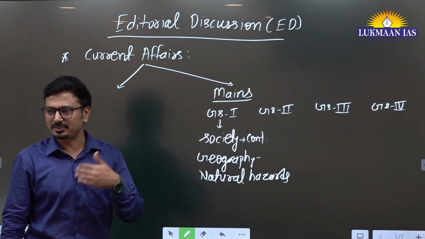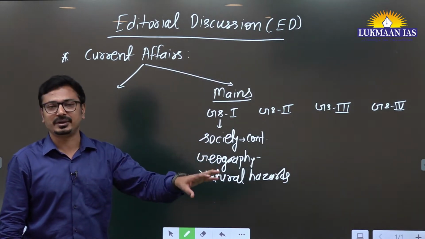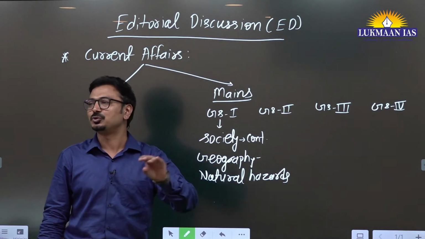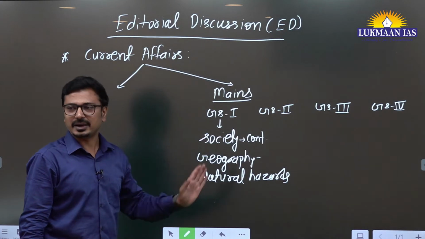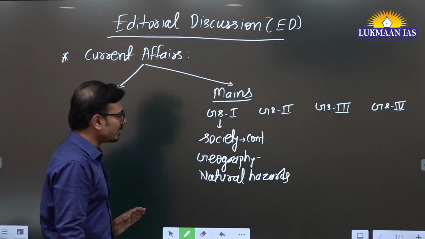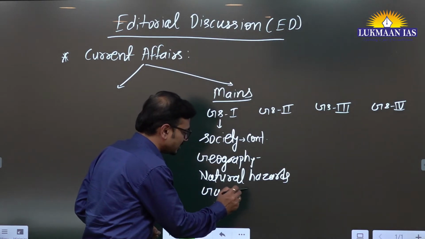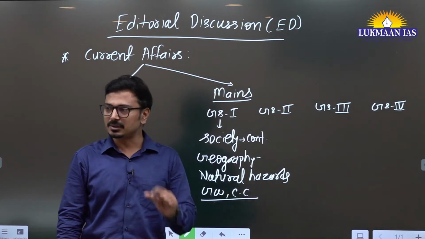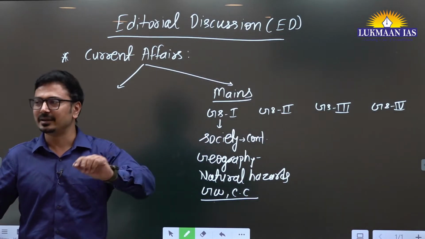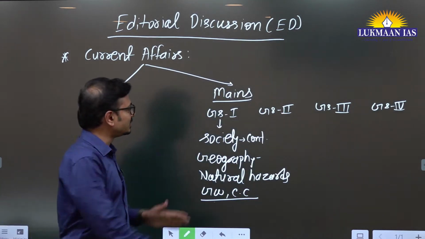Natural hazards has not been explicitly mentioned; they have mentioned earthquakes, cyclones, tsunamis, volcanism. So geophysical phenomena we can categorize as natural hazards. And second is global warming or climate change, a contemporary phenomenon from geography. So some part of geography we can link to current and contemporary development in GS1. But overall GS1 is static.